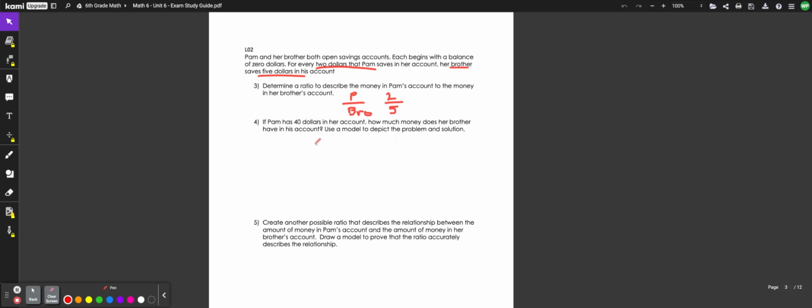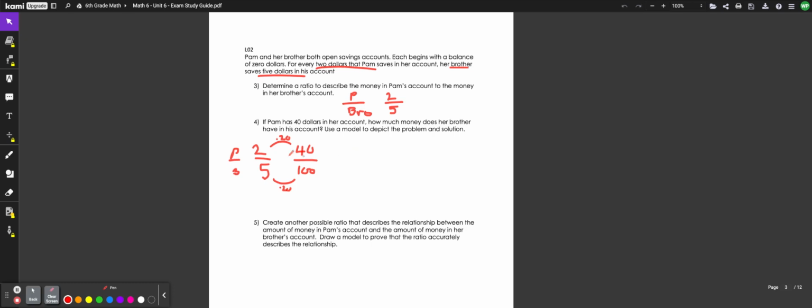So we want to see what are the equivalent ratios for the next part, that says if Pam has $40, well, we know the original ratio is 2 to 5 for Pam and then her brother. So if Pam has $40 in her account, how much money does her brother have? Well, to go from 2 to 40, we're multiplying by 20. So to figure out how much the brother has, we multiply by 20, which would be 100.